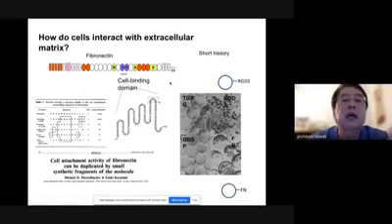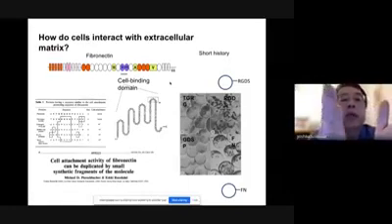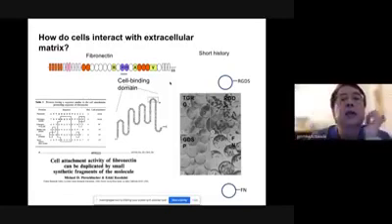They tried to find out what part of fibronectin, the ECM, is involved in cell binding. They chopped it into small pieces and found that this part is involved in cell binding, the type 3 repeat 9 and 10 module.